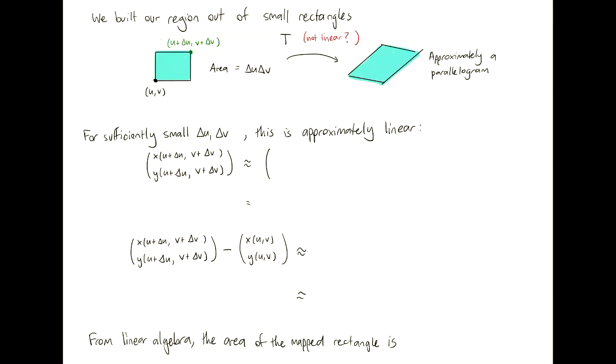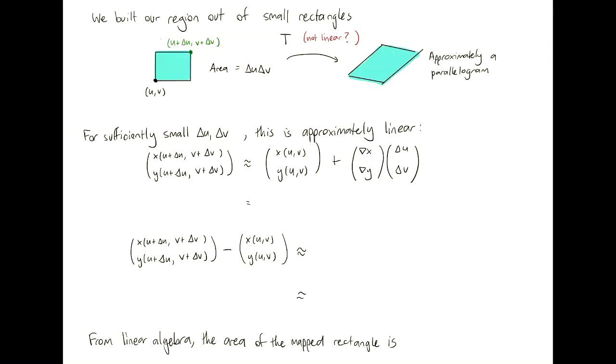This is approximately equal to (x of u, v, y of u, v) plus the first term in the Taylor approximation, which remember is h dotted with the gradient. So we have grad x, grad y, dotted with (delta u, delta v).